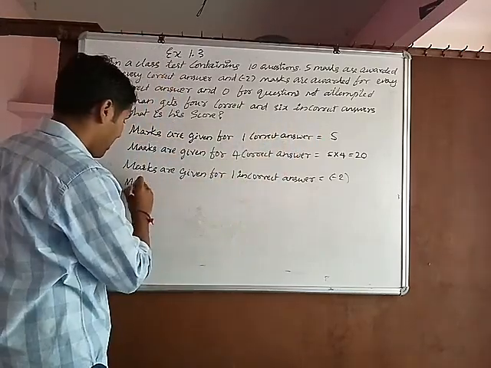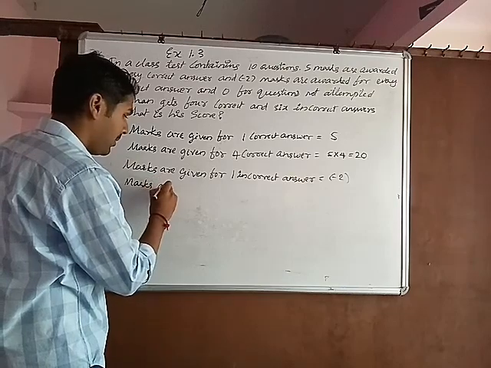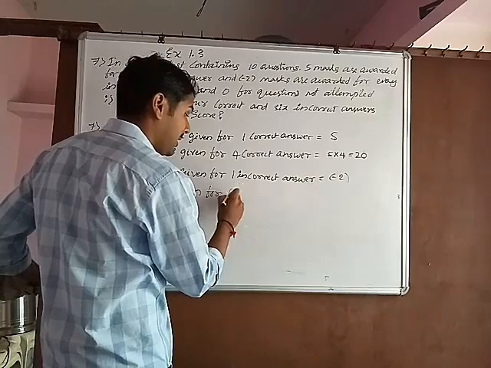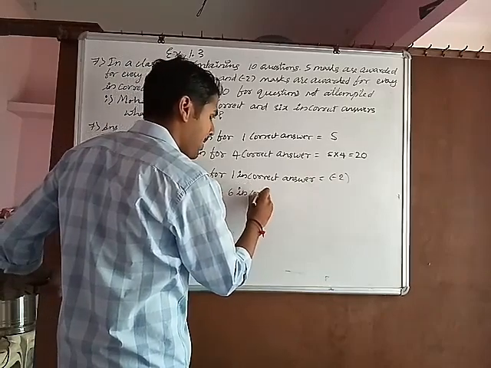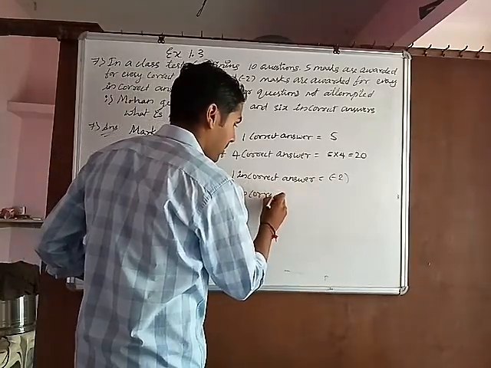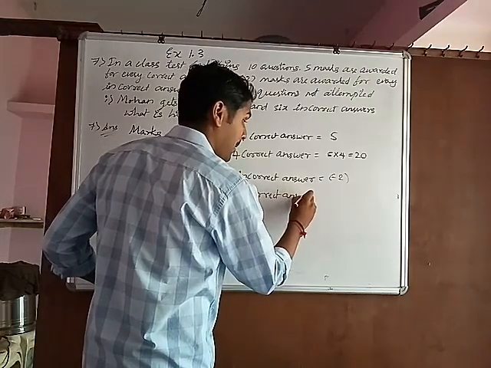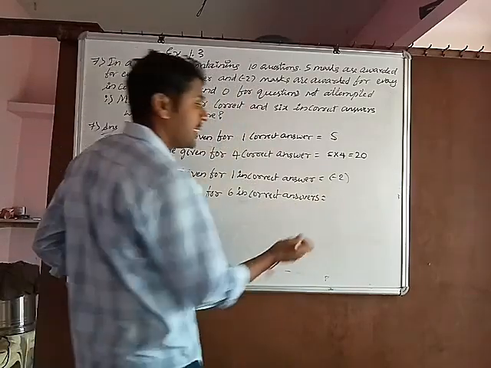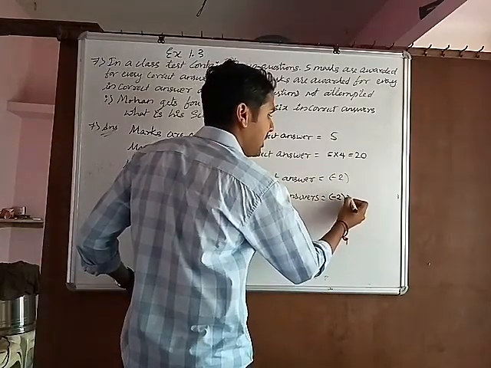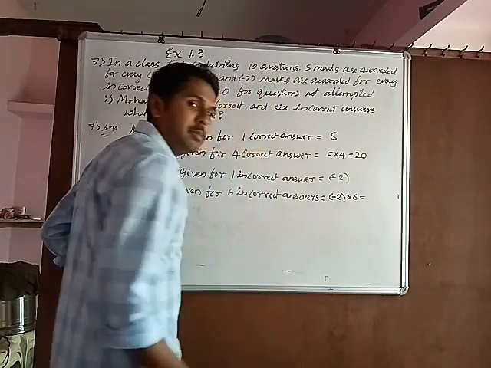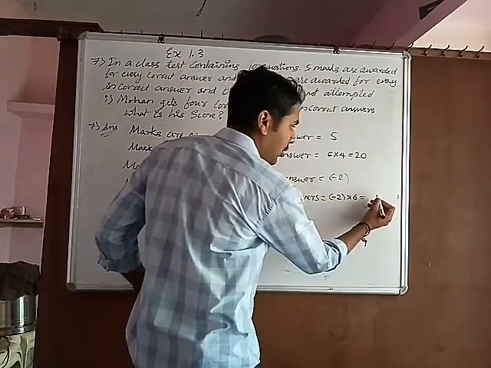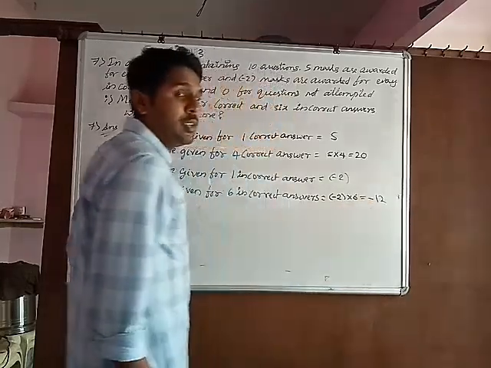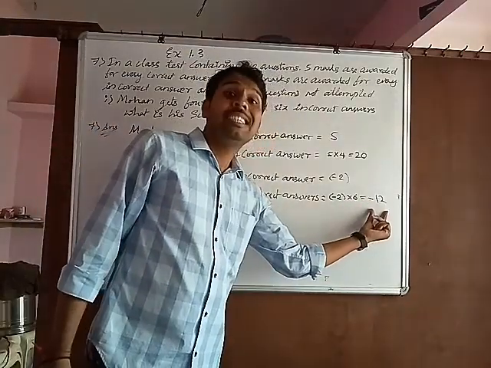So marks given for 6 incorrect answers equals to, just multiply minus 2 into 6. What will we get as the answer? First multiply the numbers. 2 into 6, 12. Minus into plus, minus 12. So this is minus 12 marks for 6 incorrect answers.